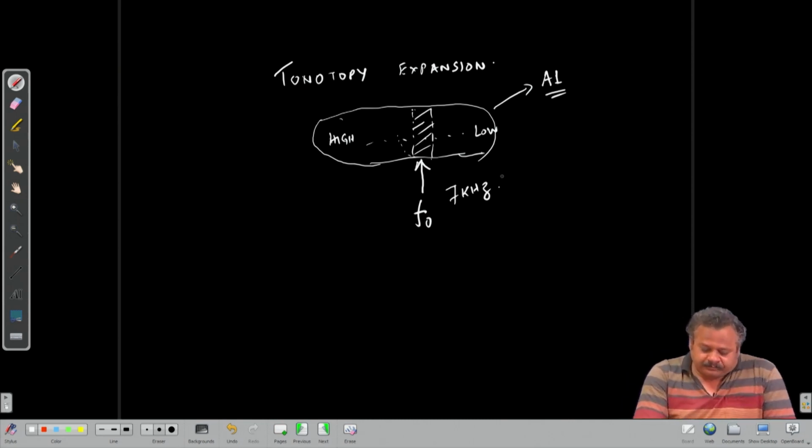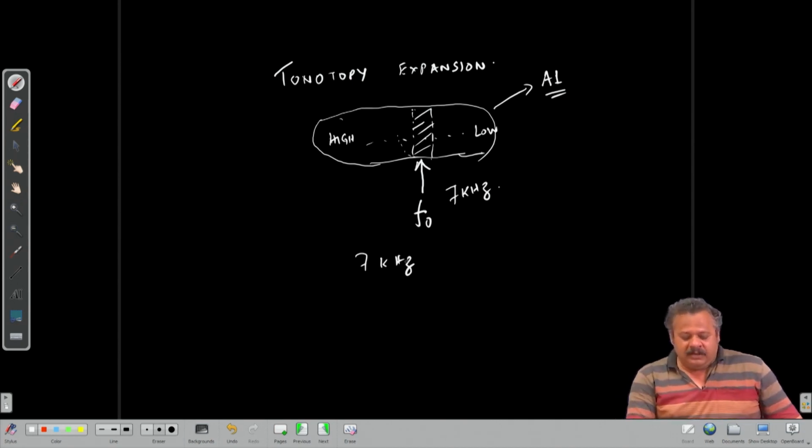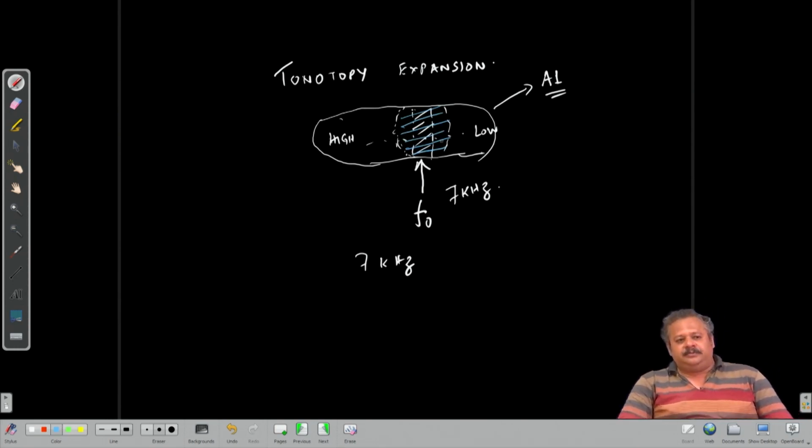Now, during the critical period, if the animal is exposed to 7 kilohertz continuously for those 4 days with repeated gaps, then this area is expanded. That is, the number of neurons now responding to the 7 kilohertz increases in terms of the area covered by those neurons in the cortical region.